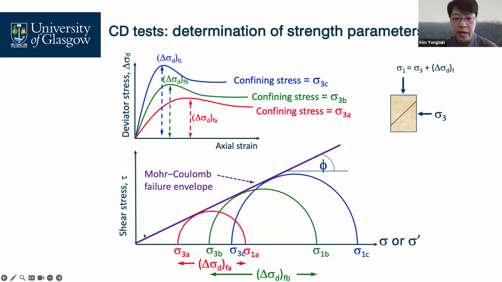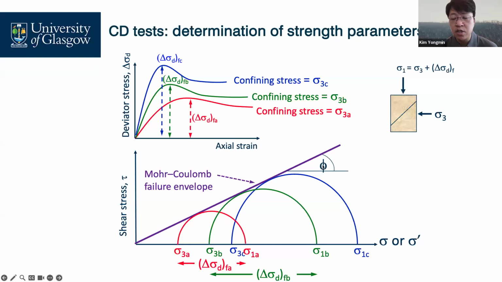And then we connect all, drawing a straight line that touches all of our Mohr circles, which is the Mohr-Coulomb failure criterion, the failure envelope.